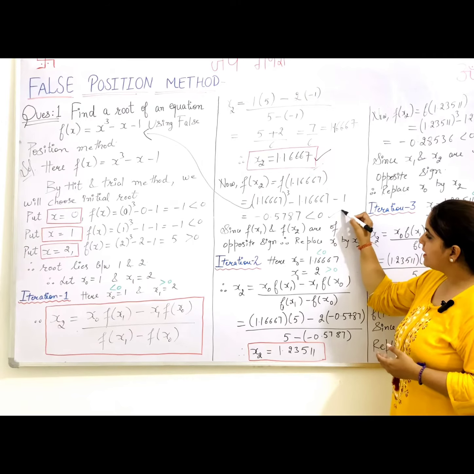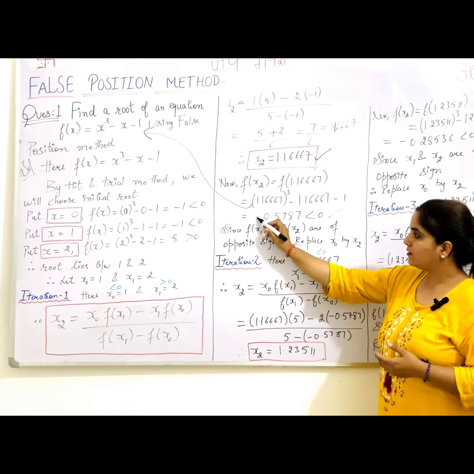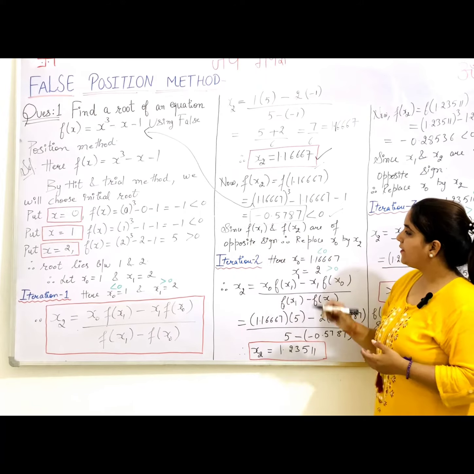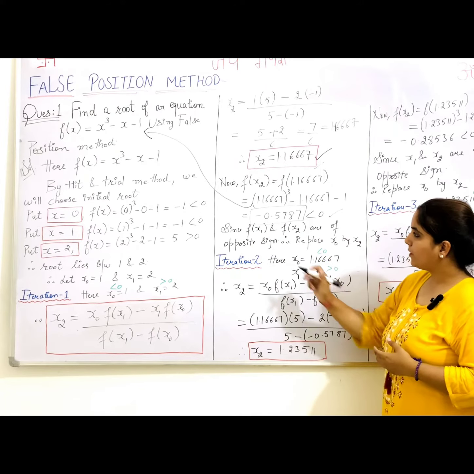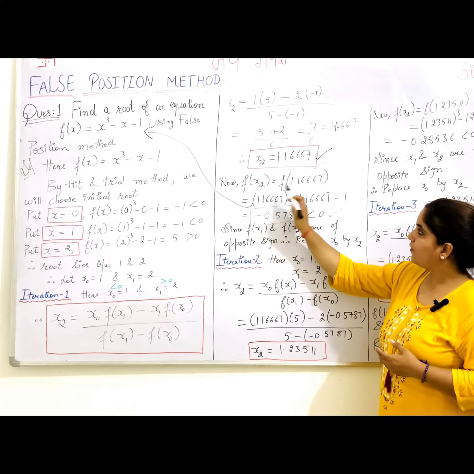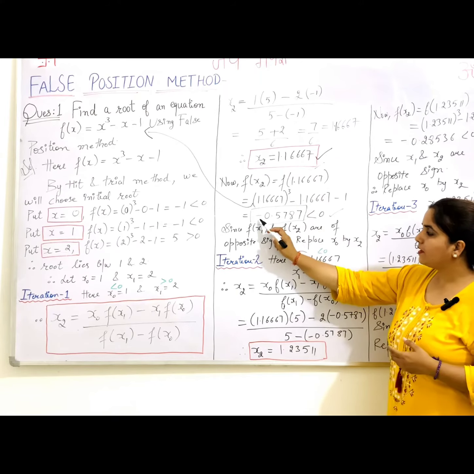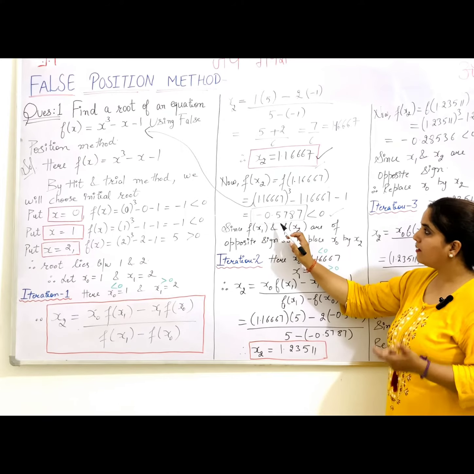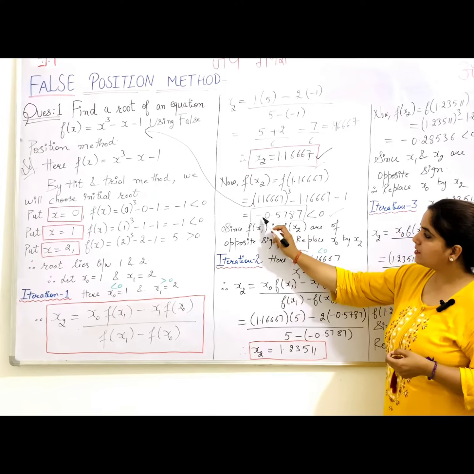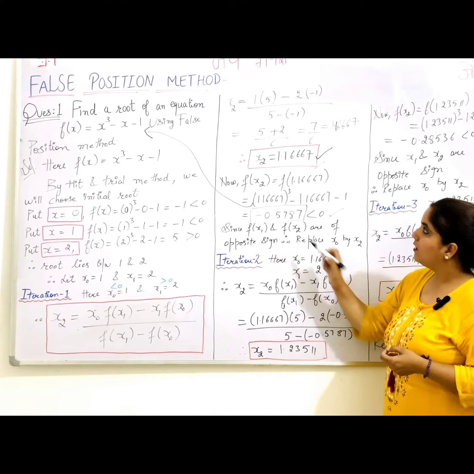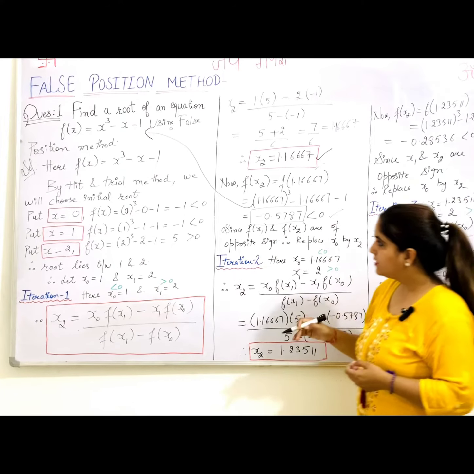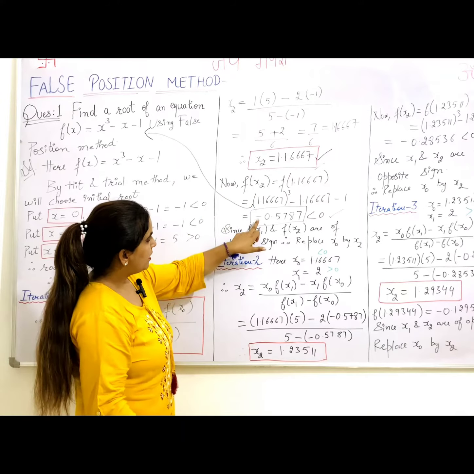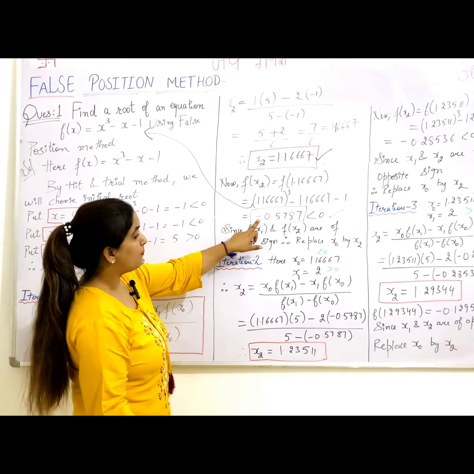After putting in the given statement, we will check the sign. So we have to concentrate here. This is very important. f(1.1667) is giving us a negative value. So this value will be compared with that value which is giving us a positive number. So we will move backwards and compare which value was giving us a positive answer.